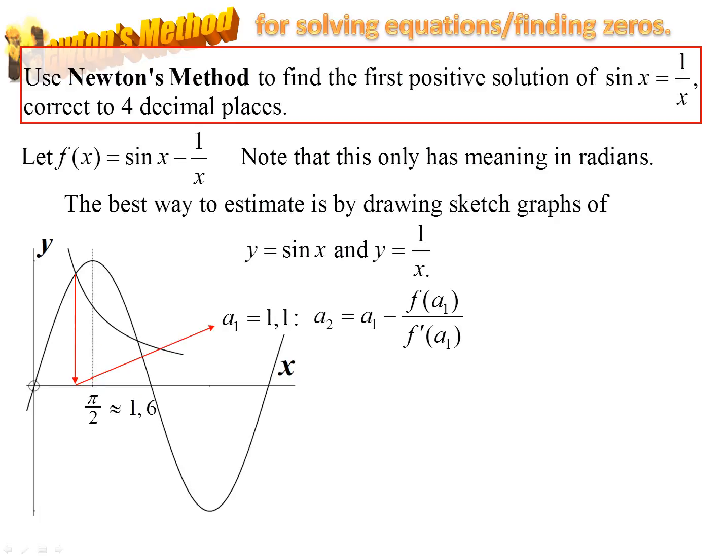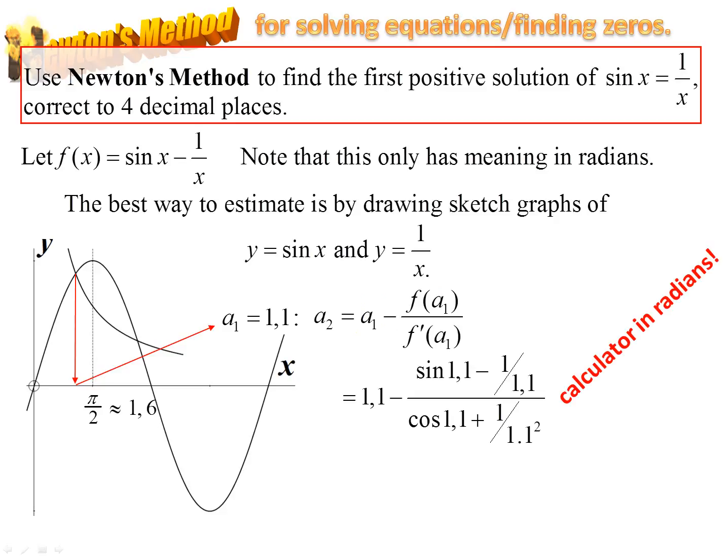Now, a2, the new approximation, equals the old approximation minus f of the old approximation over f prime of the old approximation. When we substitute 1.1 into f of x, we get sine of 1.1 minus 1 over 1.1. Now, the derivative will be cos x plus 1 over x squared.